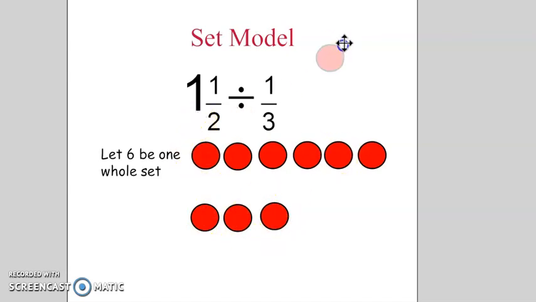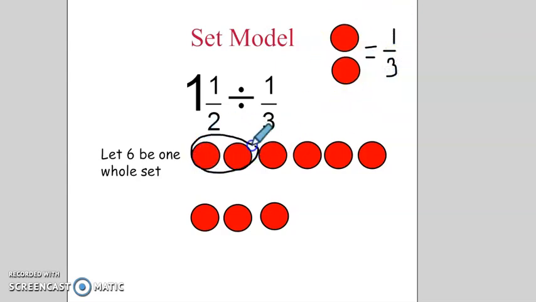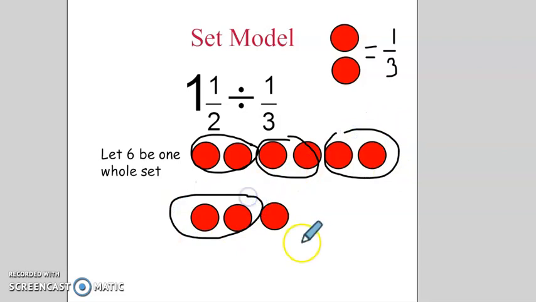And then what would be 1/3? 2 pieces would be 1/3. So again, we see 1/3 fits in 1 time, 2 times, 3 times, 4 times, and a half of a time. Right?